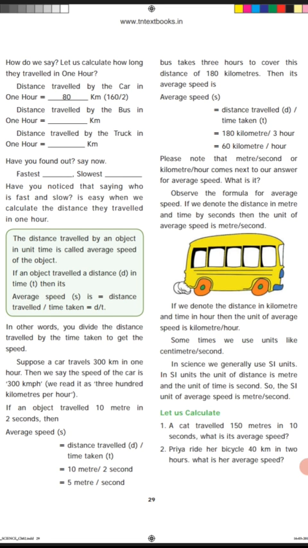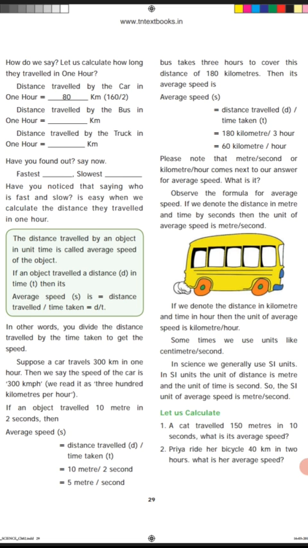Then its average speed is distance traveled by time taken. So 180 kilometers divided by 3 hours is 60 kilometers. In 1 hour, 60 kilometers is traveled. Have you noticed here, 60 kilometers per hour? Meter, second, kilometer come next to our answer for speed.